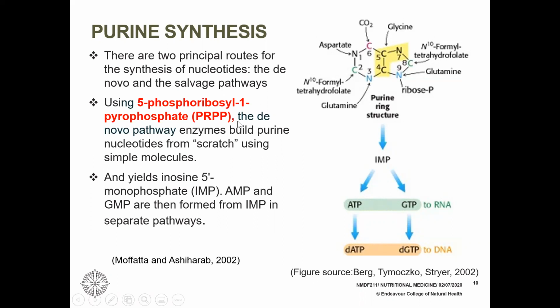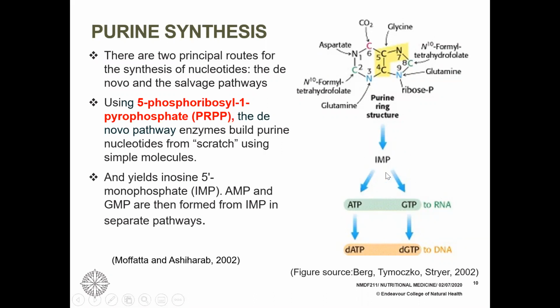Now, the point to remember from this slide or this pathway is, where does it all start? It starts from PRPP, 5-phosphoribosyl 1-pyrophosphate. This is the first compound that the pathway uses, and from there it adds a folate group, it adds glycine, it adds aspartate, it adds glutamine, and then it goes on to build its structure.